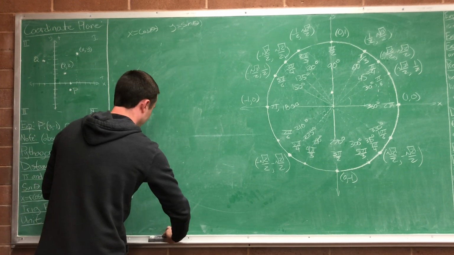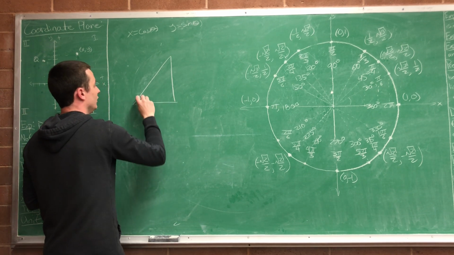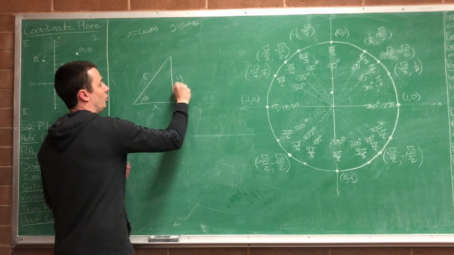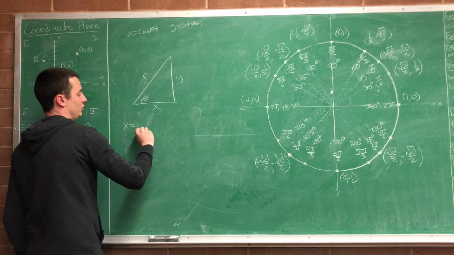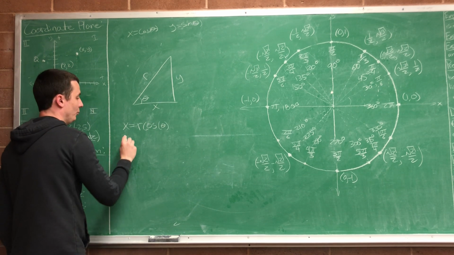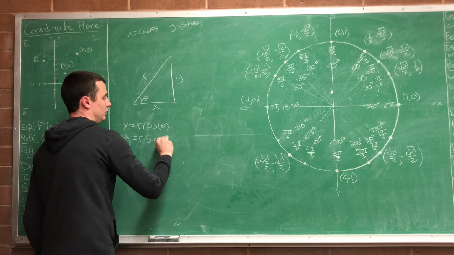So I'm going to draw a triangle now. It's a right triangle, always and forever. This is going to be some angle theta we don't know, some radius r, x, y. Usually they said x is equal to r cosine of theta, right? Yeah. And y is equal to r times sine of theta.